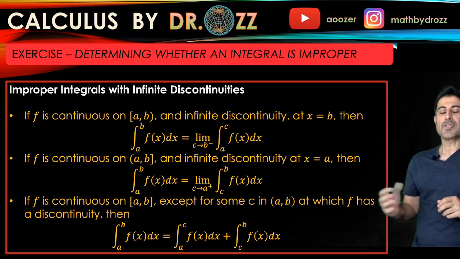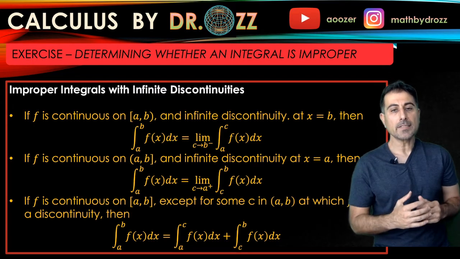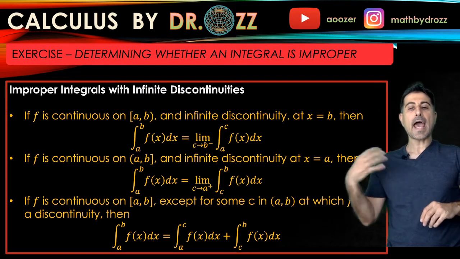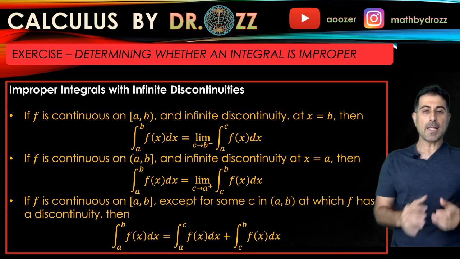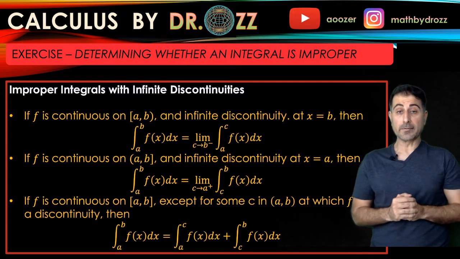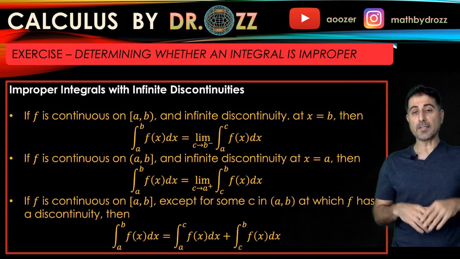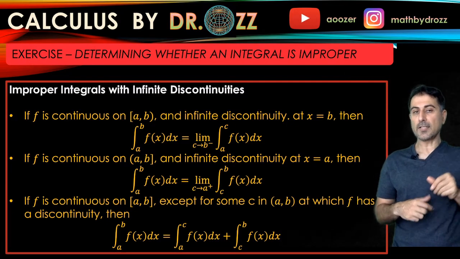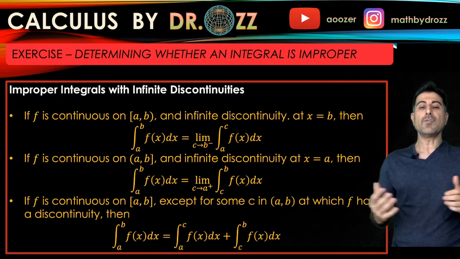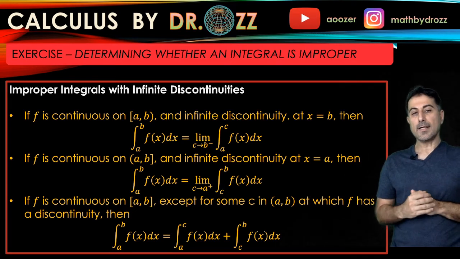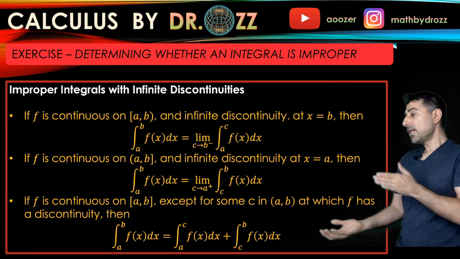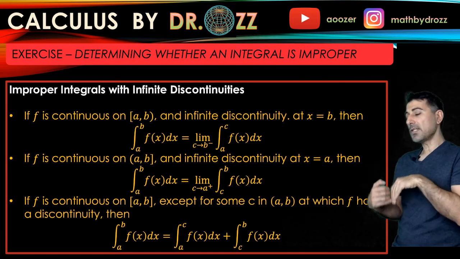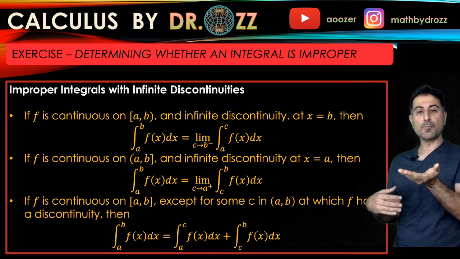What happens if the infinite discontinuity does not happen at the endpoints, but at an interior point within the interval of integration? Let's say c is a point, not a, not b, but an interior point, where you have the infinite discontinuity. Then you split the integral into two pieces: one from a to c, and the other from c to b.